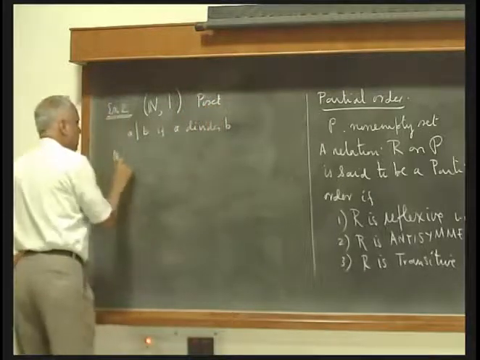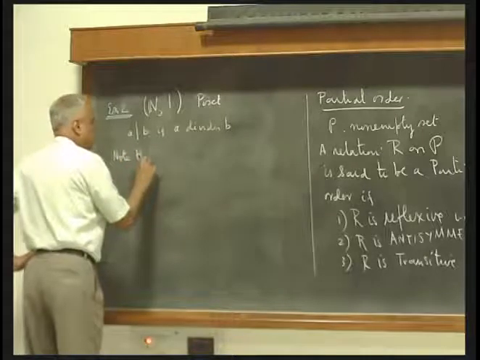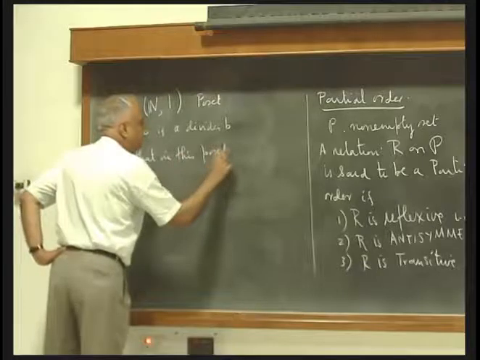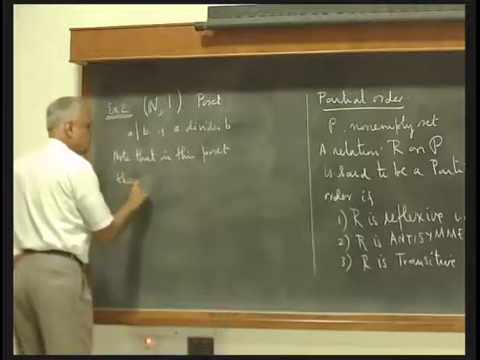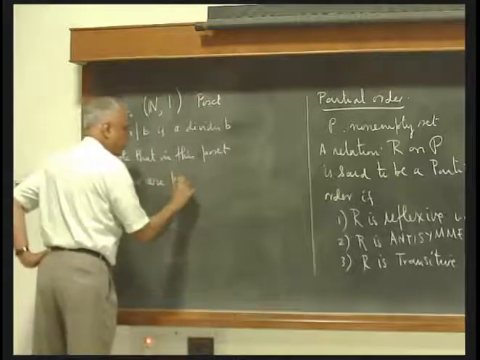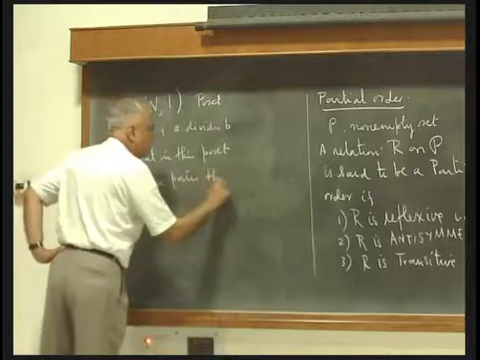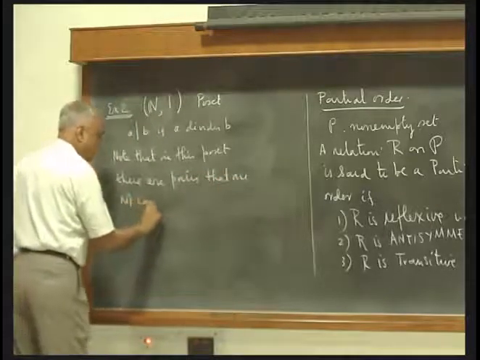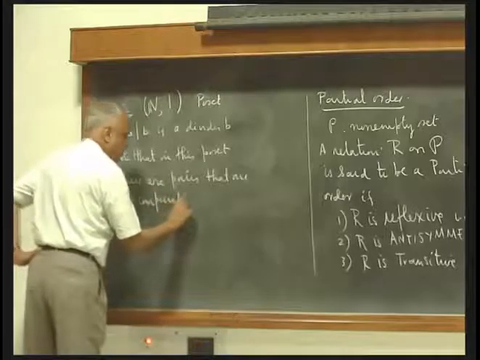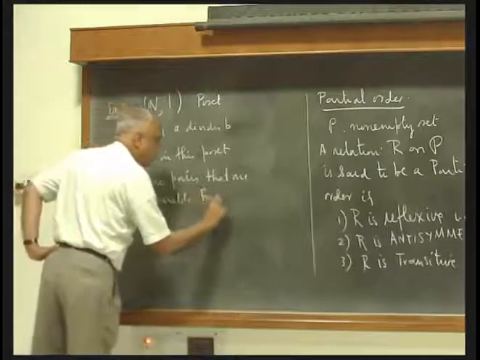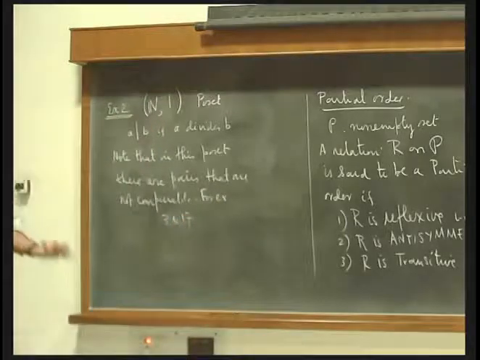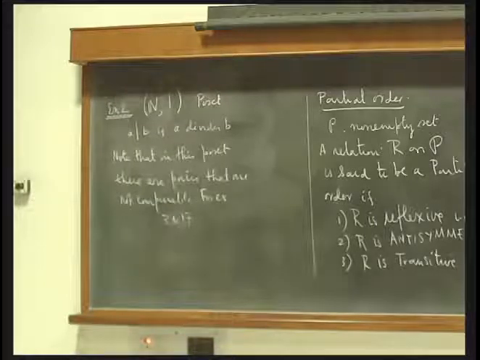Note that in this poset there are pairs that are not compared. For example, if we take 3 and 17, neither 3 divides 17 nor 17 divides 3.